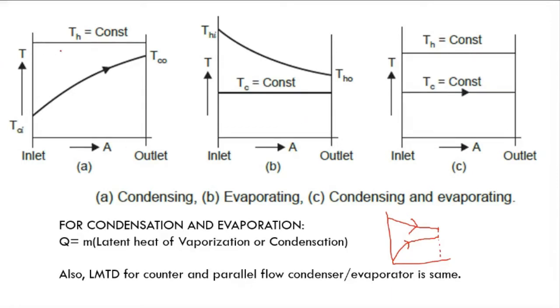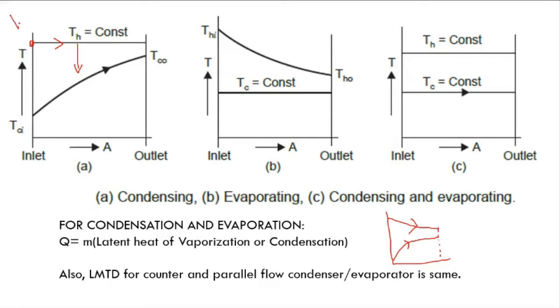For example, in the first case, here we have the inlet of the hot fluid. It is exiting in this particular direction. For this particular fluid, the temperature remains constant. If the temperature remains constant, it means that though it is losing heat, its temperature is not changing. So from here we can infer that a phase change might be taking place.